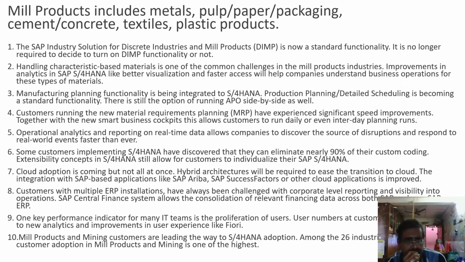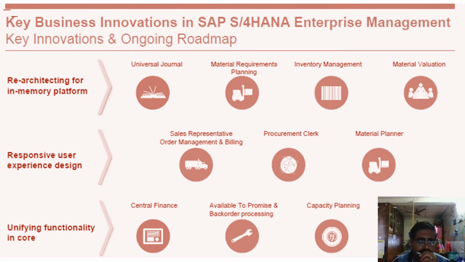Mill products and mining customers are all leading the way to SAP S/4HANA adoption. Among the 26 industries SAP covers, customer adoption in mill products and mining is one of the highest compared to other industries, right? So other lines of business.